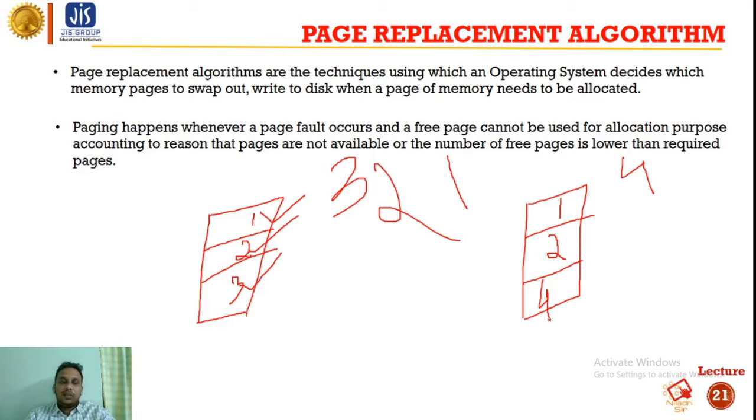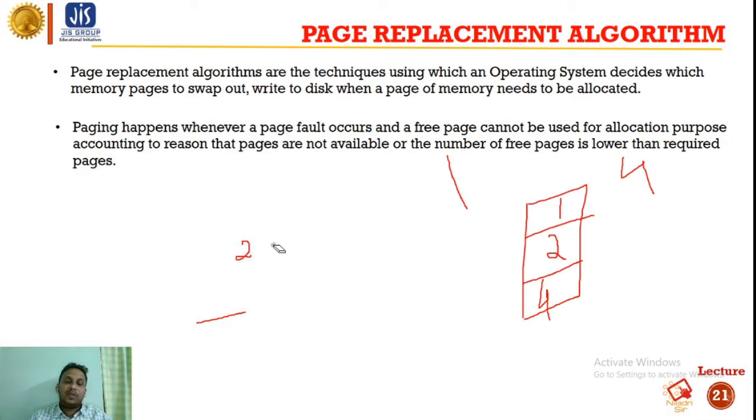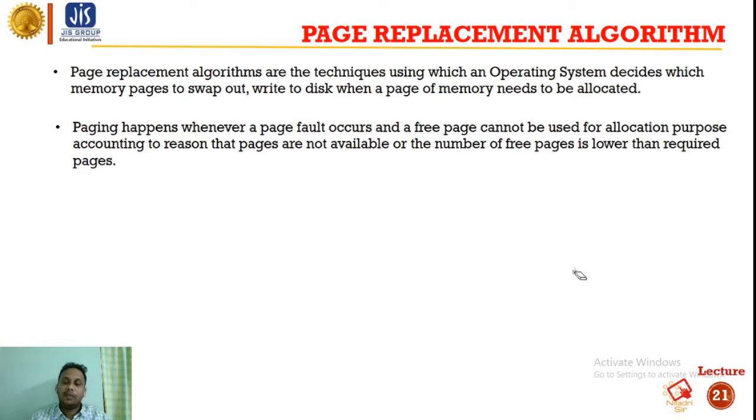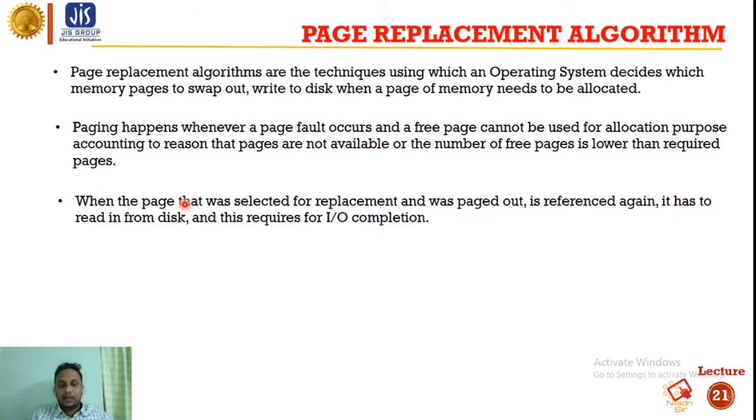So these are the two cases when a page fault will not happen, or there is no need for a page replacement algorithm. A page replacement algorithm is required when a page fault occurs. For page replacement to occur, a page fault is necessary.